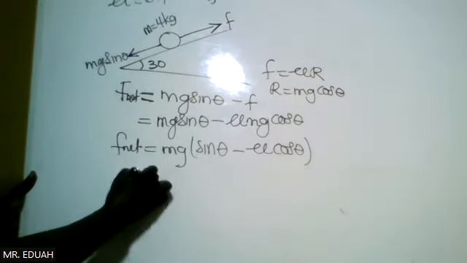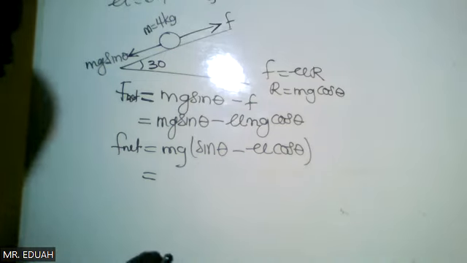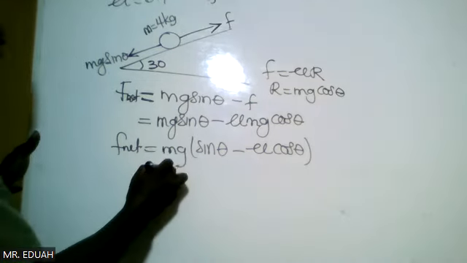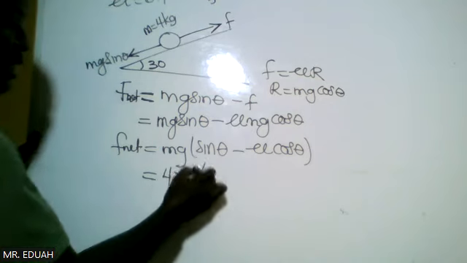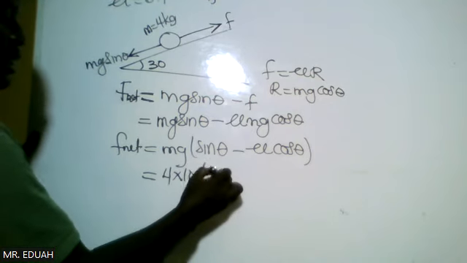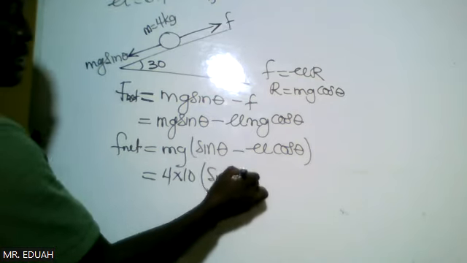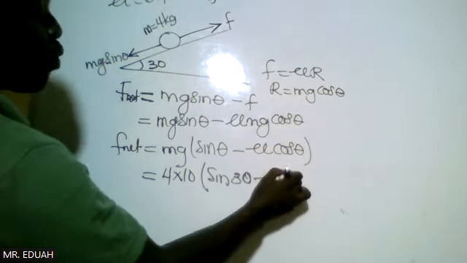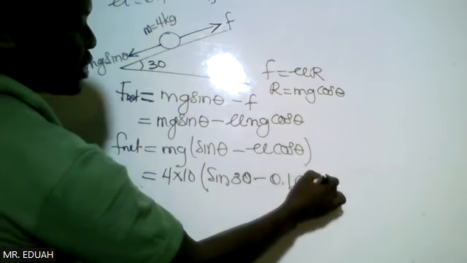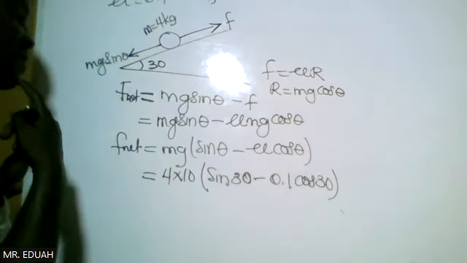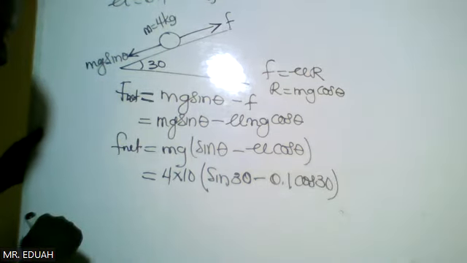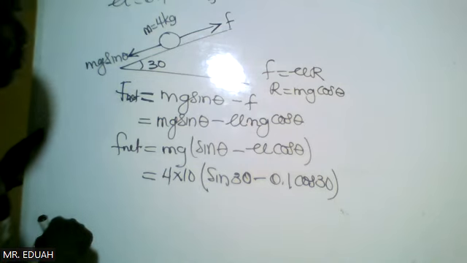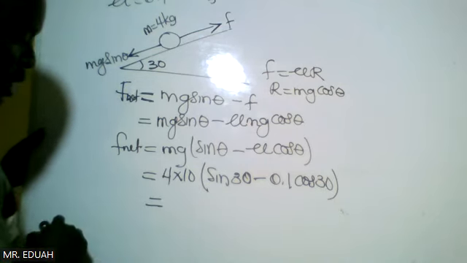I'm just rearranging the formula. Okay, m is 4, g is 10, the angle of tilt is 30: sin 30 minus 0.1 cos 30.